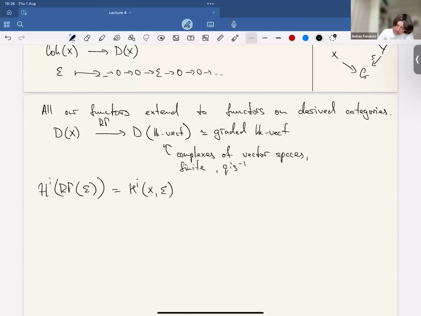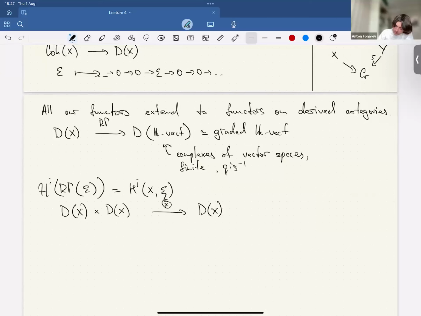The next thing that you have is, if you have two guys, now you have a functor from D(X) times D(X) into D(X), and you have something that we still call the tensor product functor, but now it has the following property. Usually people put an L in here.